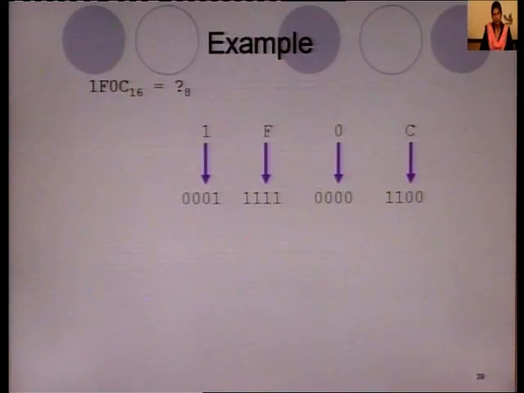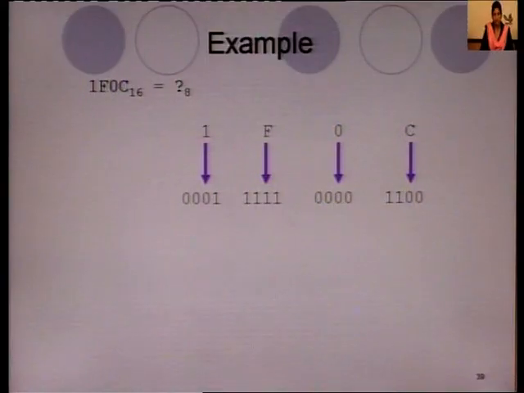Here we take groups of 4, as I have already taught that the number of bits in a group depends upon the base of the number system. We have base 16 in hexadecimal, and 2 raised to power n is equal to 16. If we find n, then n is equal to 4. 2 raised to power 4 is equal to 16. So we will make groups of 4 bits.